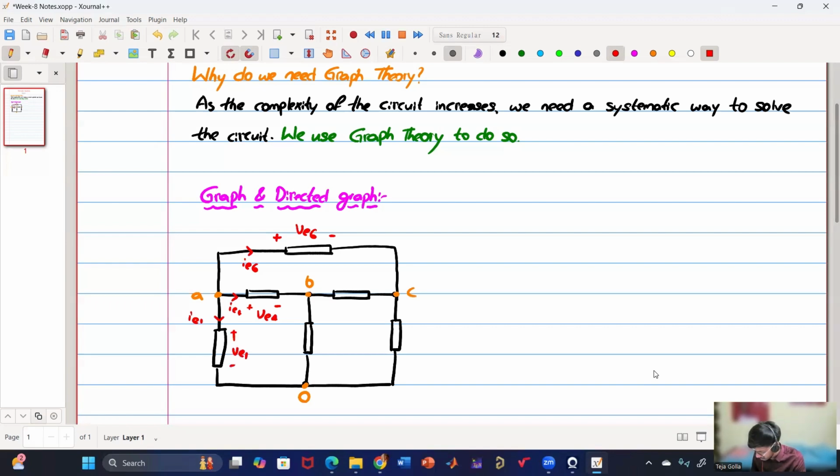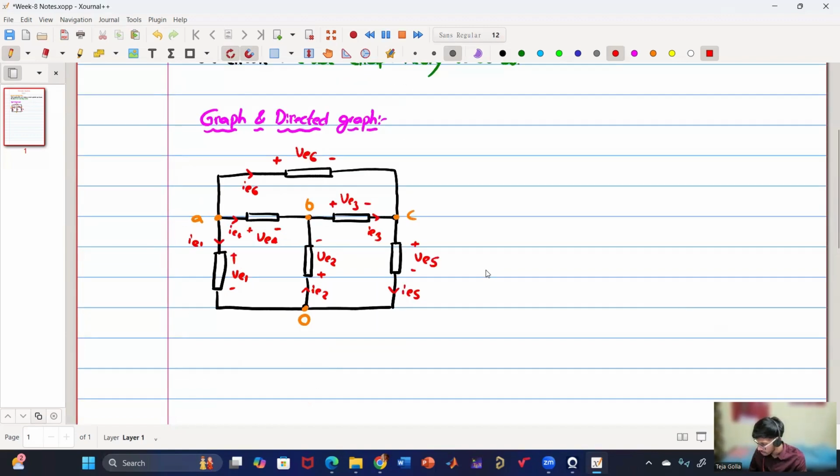V1, then IE2 plus minus VE2, then IE3 plus minus VE3, then IE5 plus minus VE5. So this is the circuit, a given network. Is the convention clear to everyone, the relation between the direction of the current and the voltage polarity?